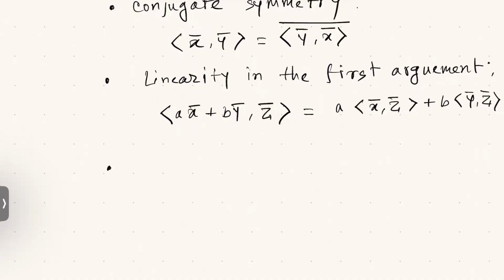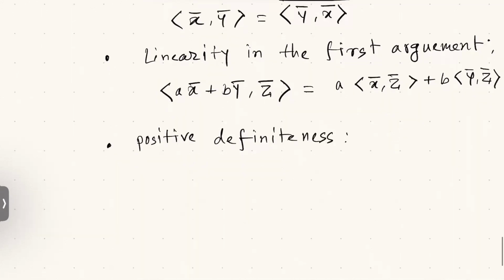And finally, we have positive definiteness. And positive definiteness is something like the inner product of x with x is greater or equal to 0. So if you take the inner product of a vector with itself, it will always be greater or equal to 0.